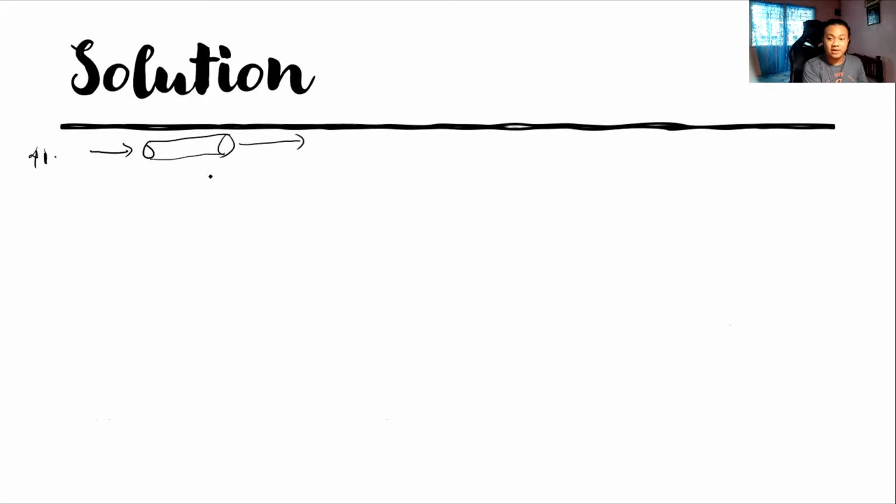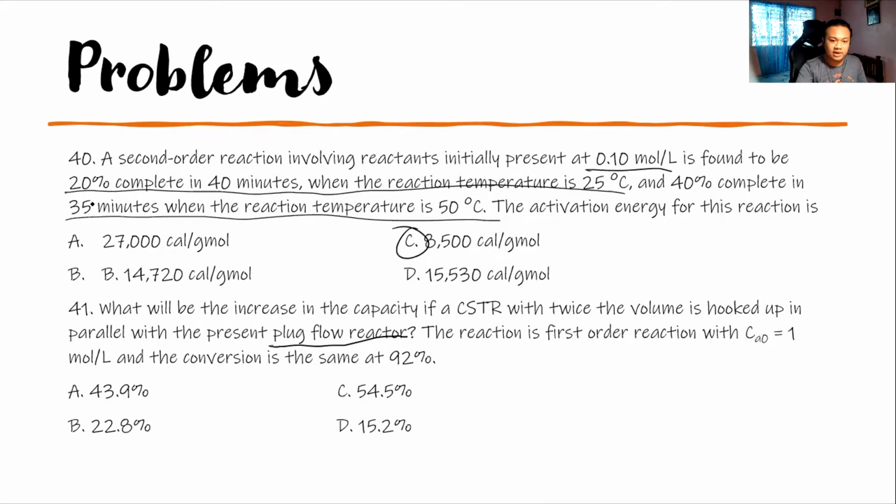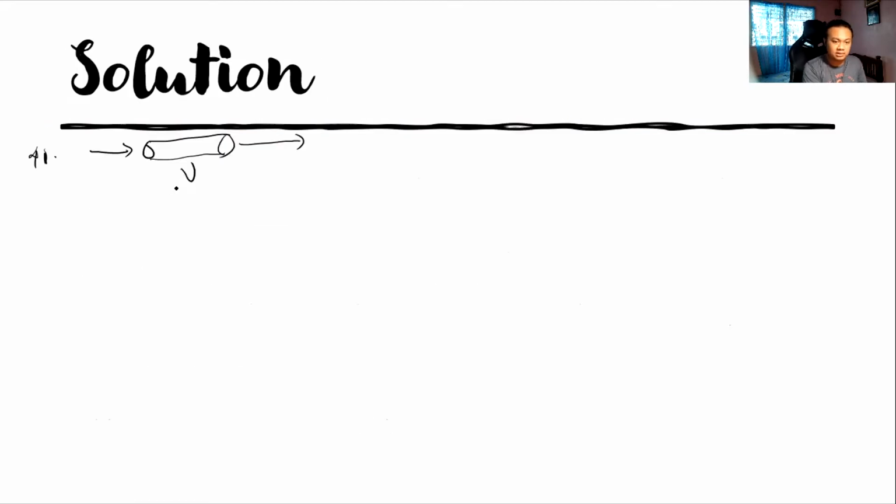Okay, so we have PFR alone, and then we don't know the volume. So we are given CAO is 1 mole per liter. And then XA is at 92% or 0.92, right?